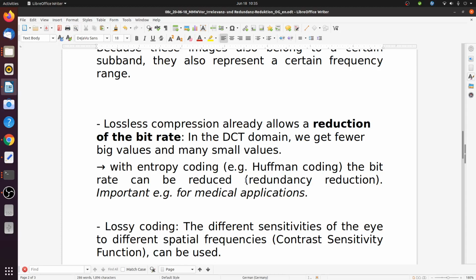And this is important, for instance, for medical applications, because here we don't remove any information. We just have a more compact representation, right? We can still access or evaluate all the information that is present in the image. Right, so lossless compression is important, but it only gives us a limited compression performance.